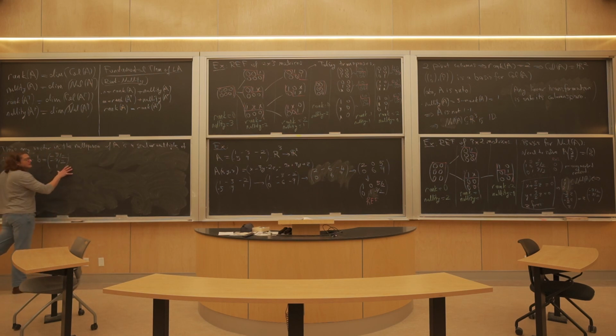So I can safely say then that the null space of A is the same thing as the span of this vector.